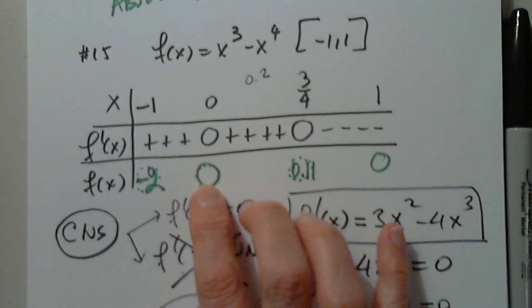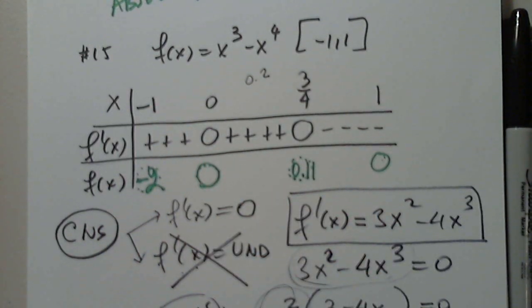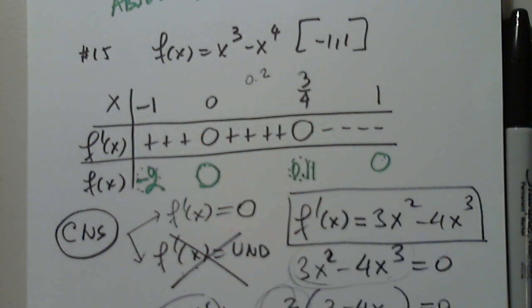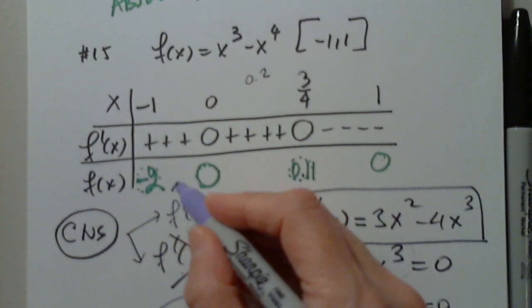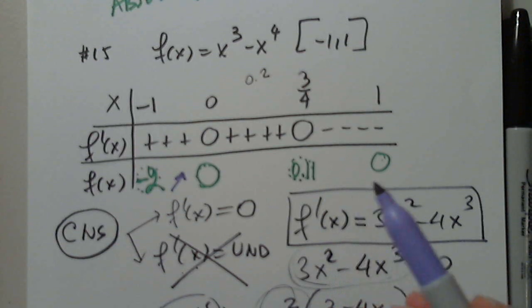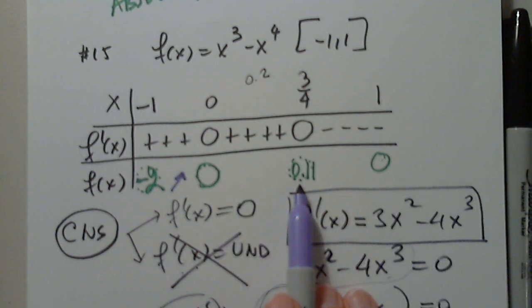From -2 to 0, what does the function do? The function increases. Yes, is that supported by the sign of the first derivative? Yes. From 0 to 0.11, what does the function do?